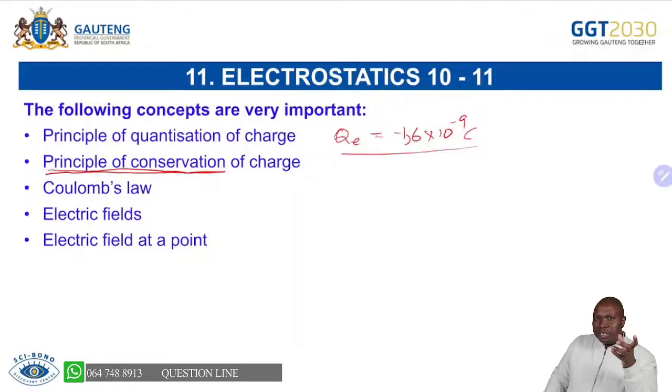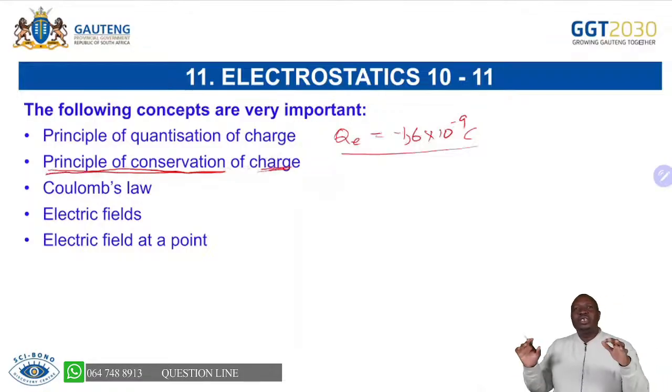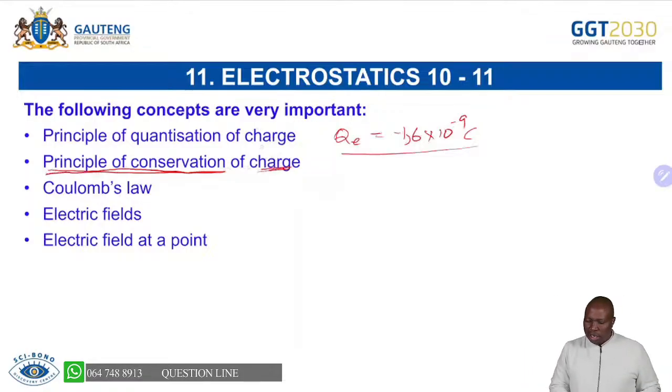When you see principle of conservation, you will say the total. The principle of conservation of charge: the total charge of an isolated system is conserved.